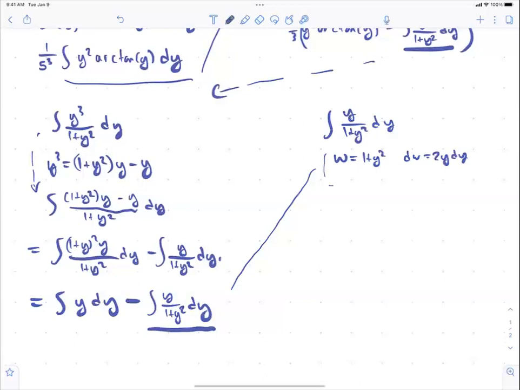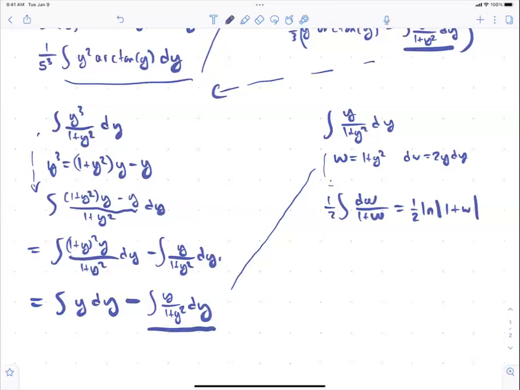So this becomes 1/2 times the integral of dw over 1 plus w.